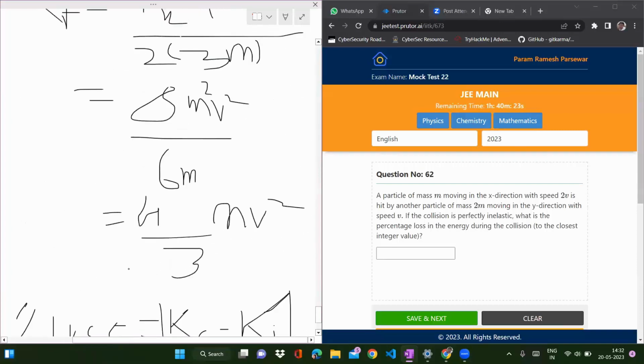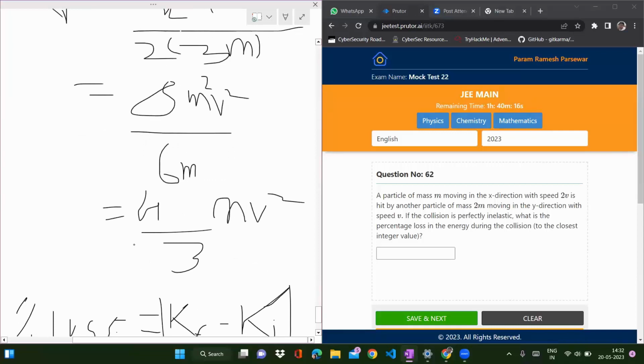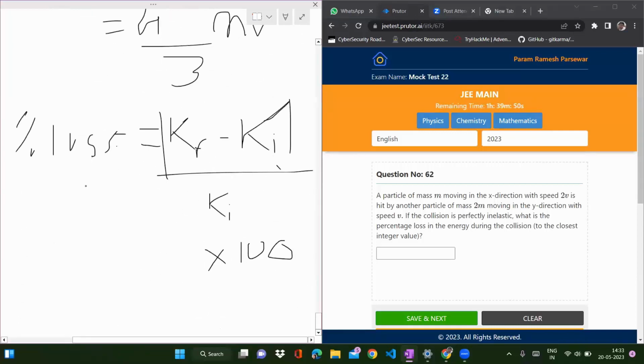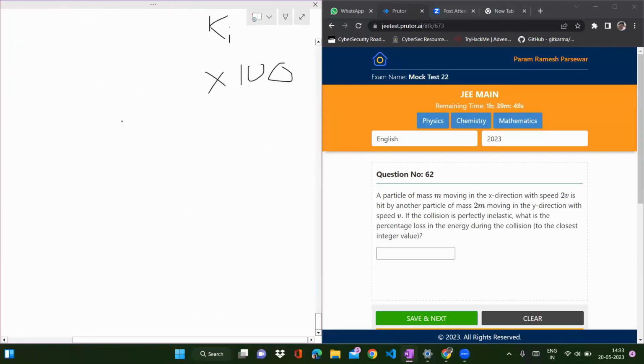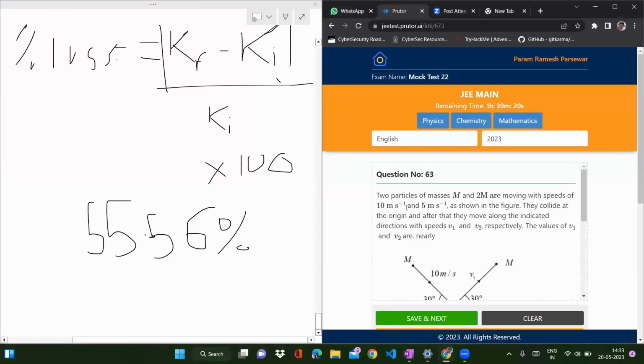So you need to solve this, and after solving this the answer comes: 55.56%. We need to give it to the closest integer, so the answer rounded off will be 56.